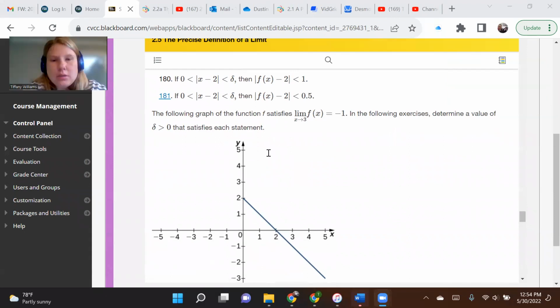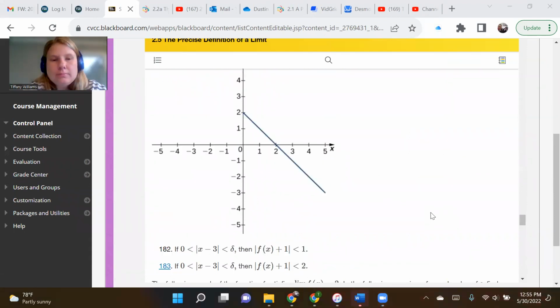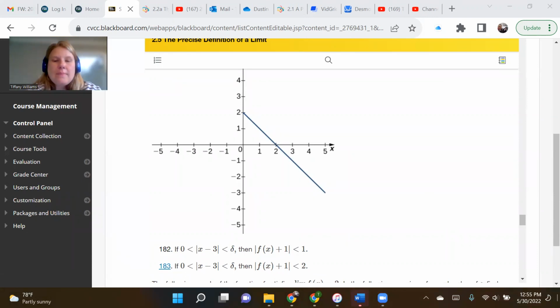All right. So here's what we're looking at. Again, I know I'm approaching 3 because that's the value that ended up there. And I know that my limit's going to be 1. So the point that I'm going to be focusing on is 1,3. Or excuse me, 3,1. My math is all backwards today.